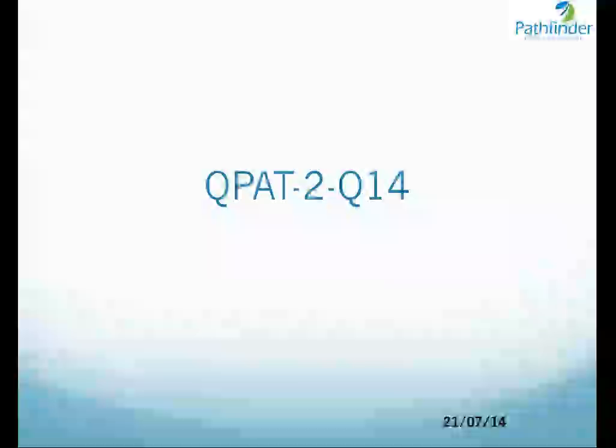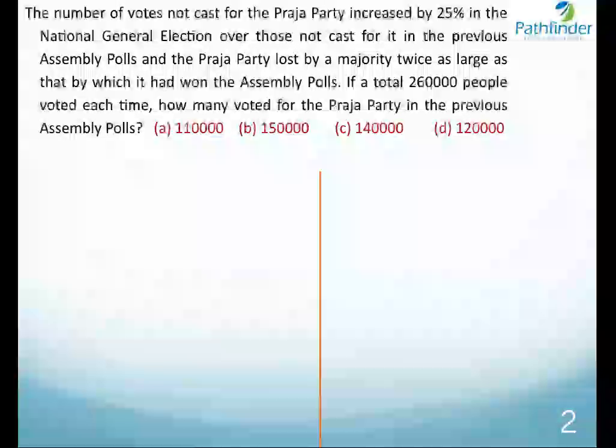In this video, we will solve question number 14 of QPAT 2. Let us look at the question. The number of votes not cast for Praja Party increased by 25% in the national general election over those not cast for it in the previous assembly polls, and the Praja Party lost by a majority twice as large as that by which it won the assembly polls.